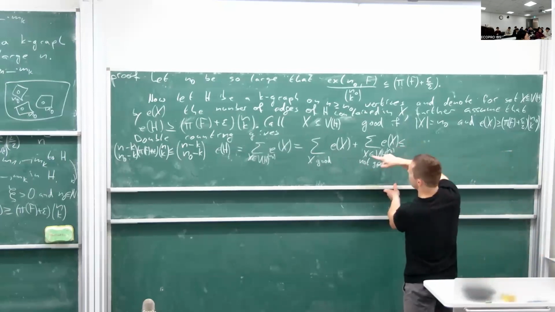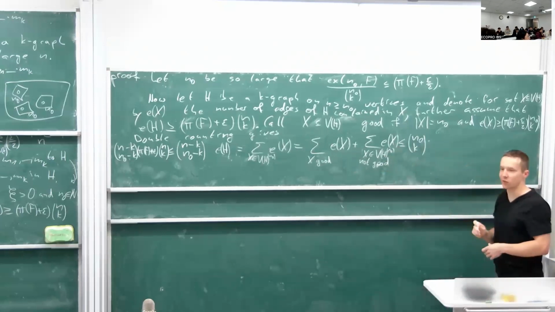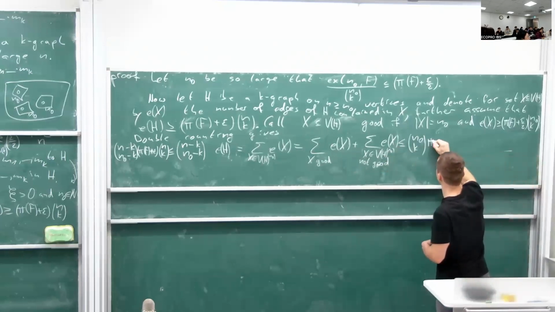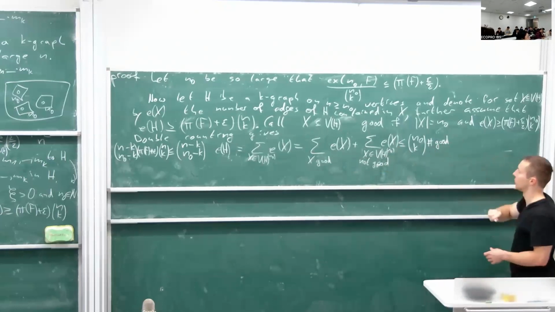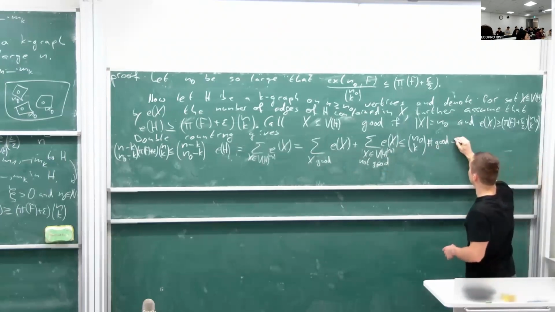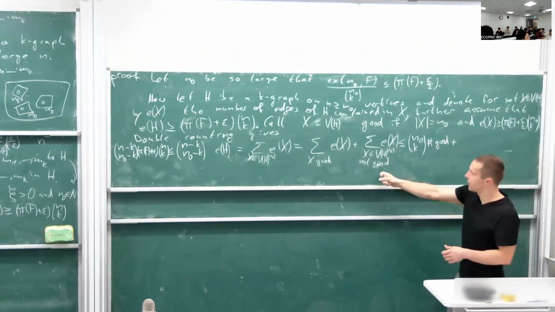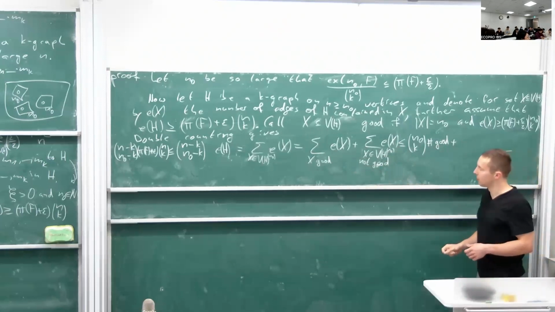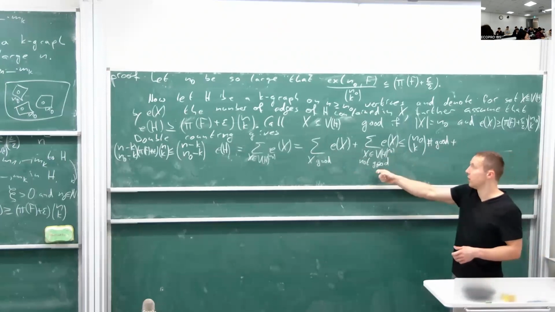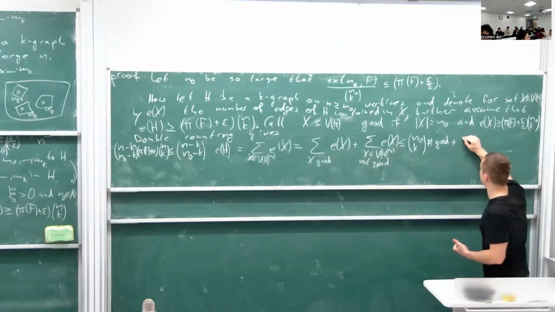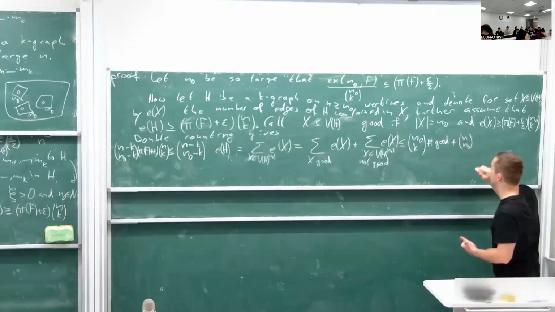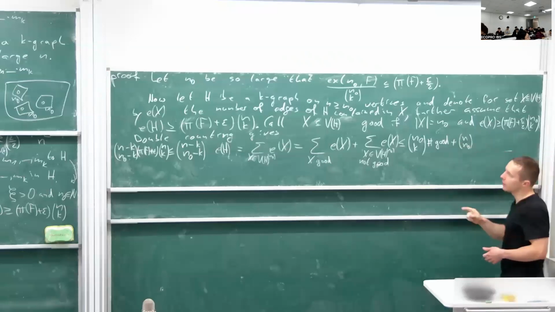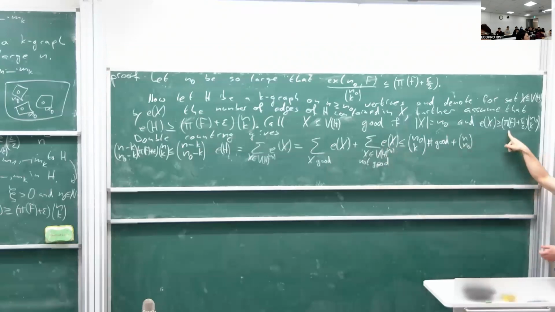At most, all the edges on an n0 set, right? n0 choose k, times the number of good ones. I will just denote it like this. And on the other hand, for these not good sets of size n0, we cannot bound the number of them. So maybe we have n choose n0 of those, but we definitely know that they have at most this number of edges.